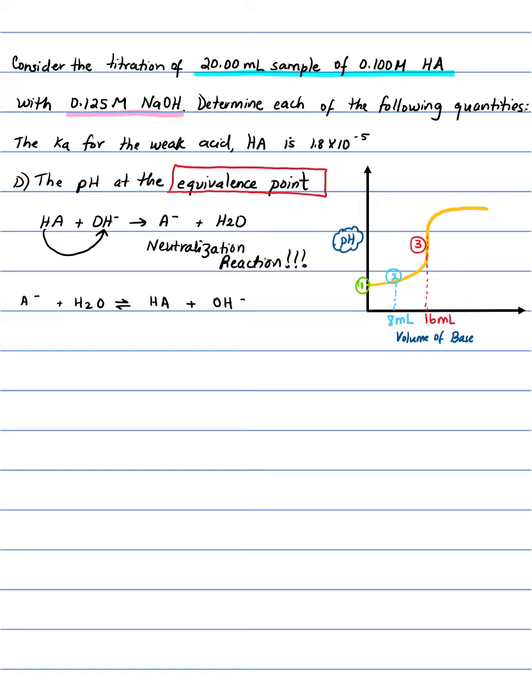Now, if we want to calculate the pH at the equivalence point, we're starting with our equation here. And I'm going to prepare an ice table. Here, you don't have hydronium formed in your equilibrium.